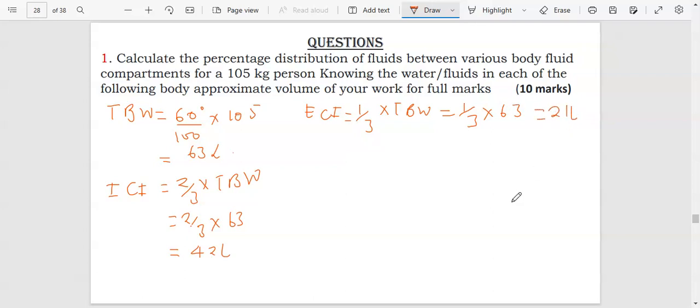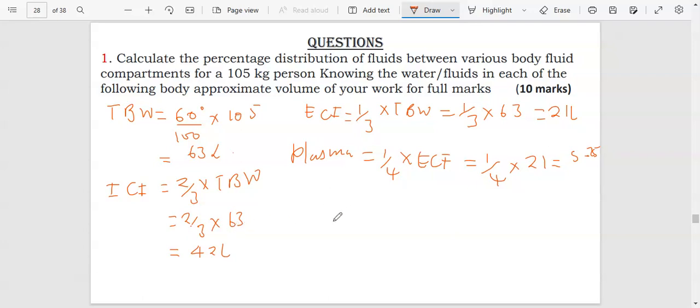We also need to calculate the plasma volume, and you know that the plasma volume is 1/4 of ECF. So this is 1/4 of the ECF volume, which we determined is 21 liters. So this is about 5.25 liters.